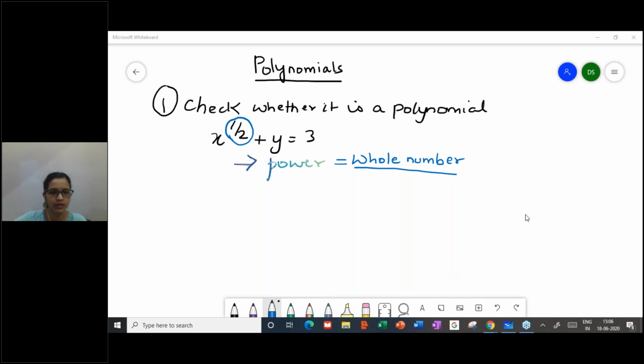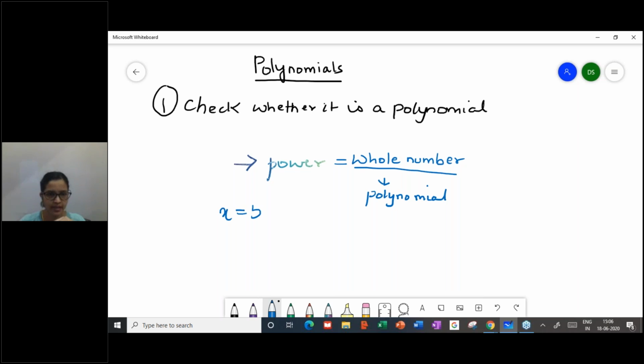I'm just going to erase this and write it properly. This is what I want you to write. So the condition is you check the power. If the power is a whole number, it is a polynomial. It is not just the presence of a variable.